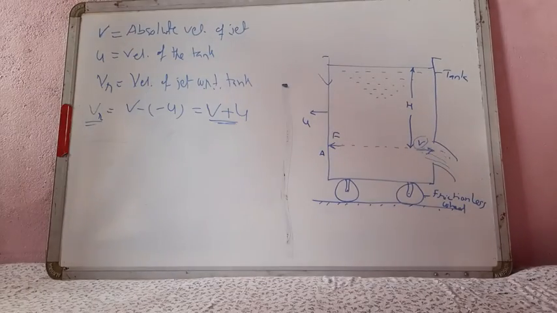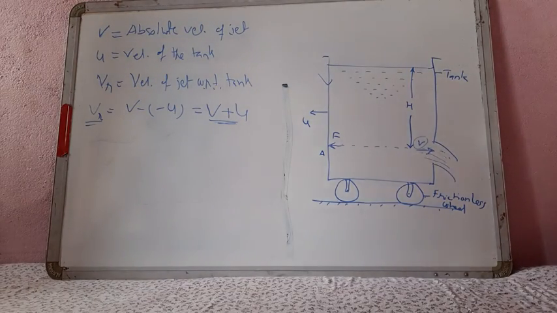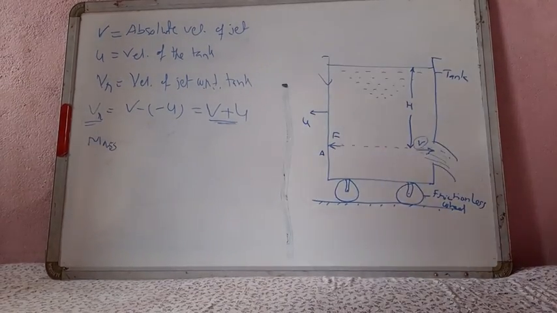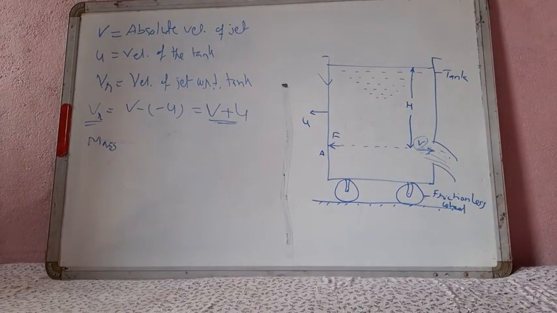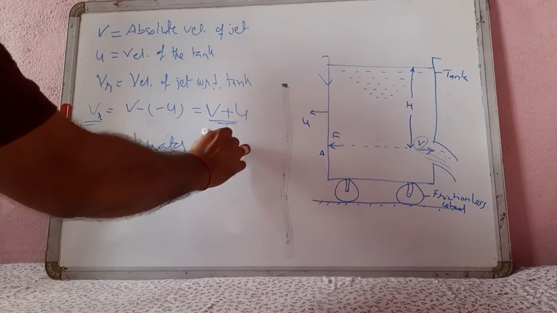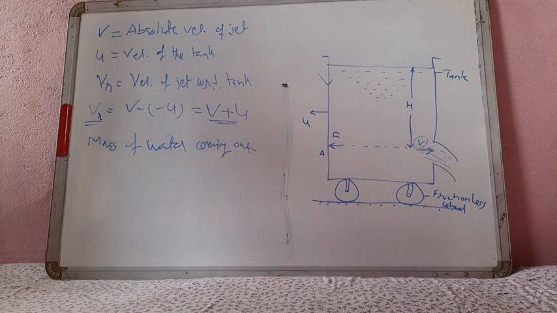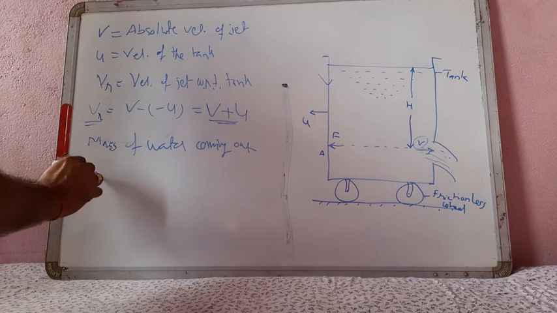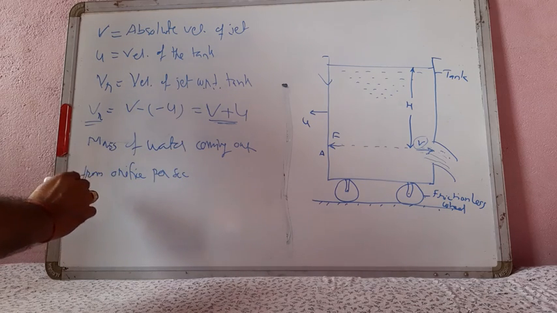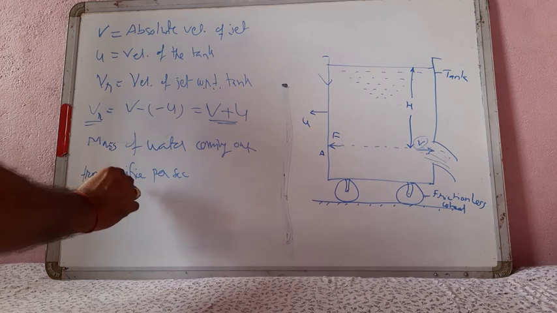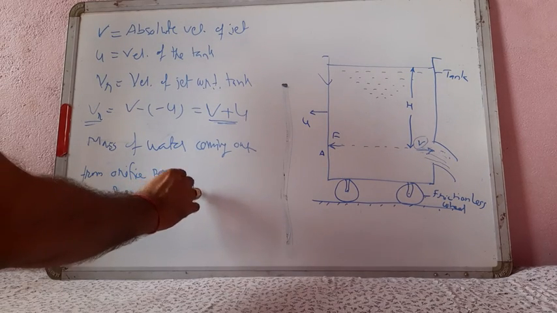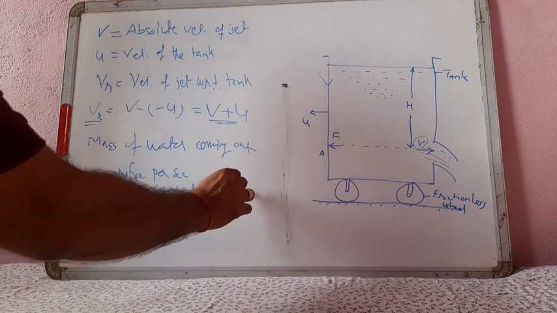Now the mass of water coming out from the orifice per second is equal to rho A into the velocity with which the water comes out.